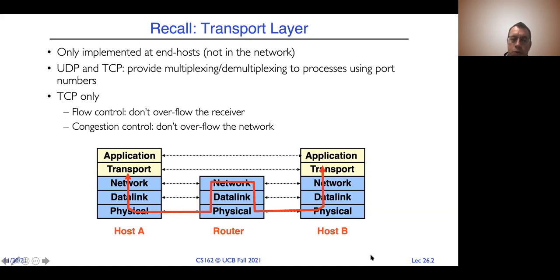The difference between the two is that the goal of flow control is to not overflow a slower receiver. The goal of congestion control is to not overflow the network. Overflowing means that the sender sends more data than the receiver or the network can handle. So during this lecture, we are going to talk about flow control and congestion control.